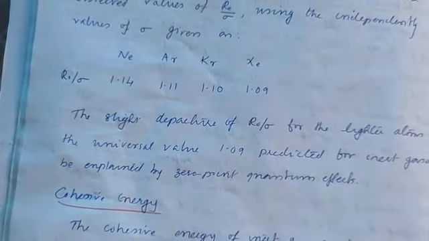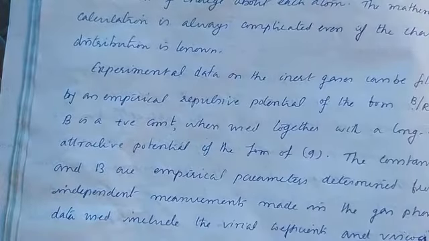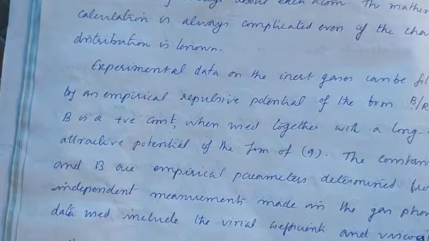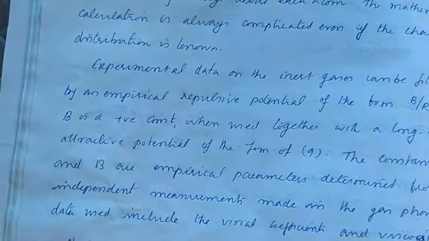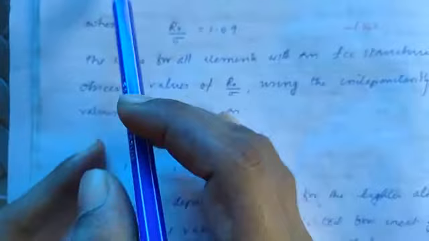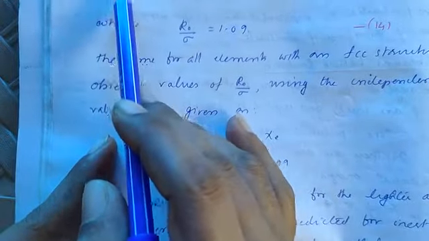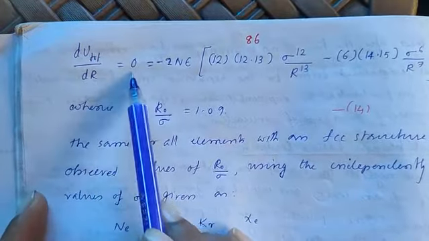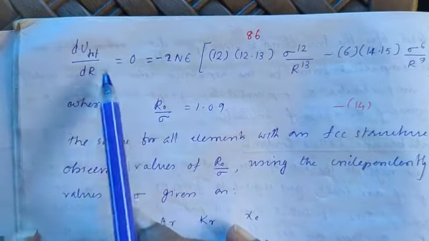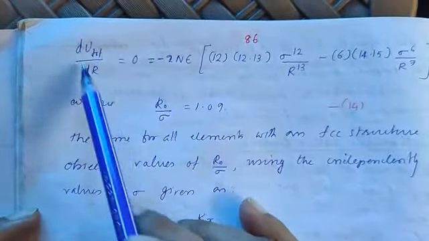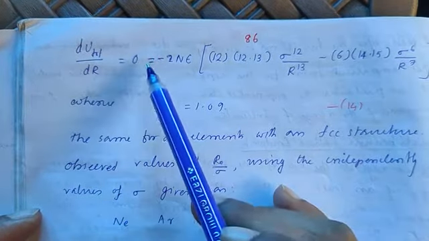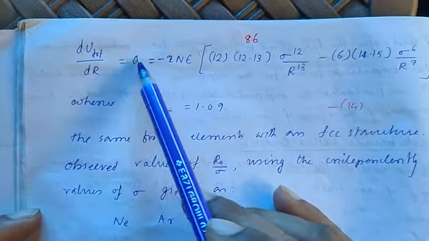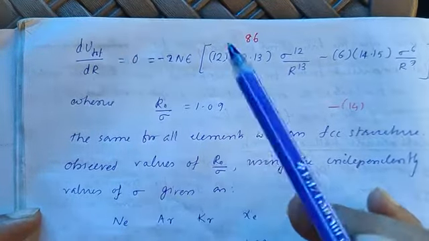The equilibrium value of the total energy is obtained when U total is a minimum, that is, when its derivative vanishes. So we differentiate U with respect to R, and at equilibrium this will give a zero result.